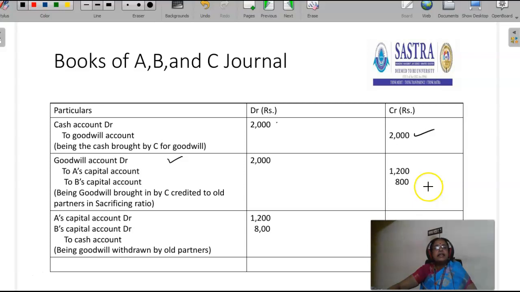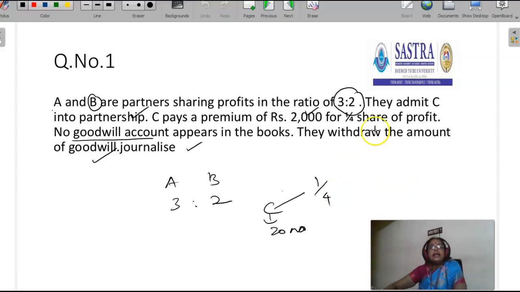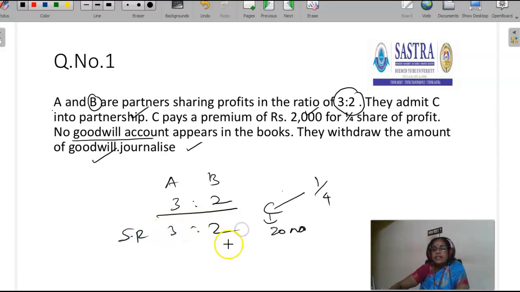In the sacrificing ratio. What is their sacrificing ratio? The old ratio is 3:2. They admit C into partnership for 1/4 share. The sacrifice made by the partners is not given, and so the old ratio becomes the sacrificing ratio. The sacrificing ratio is also 3:2.